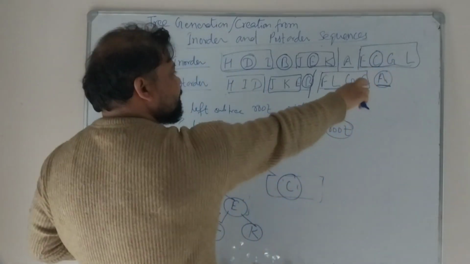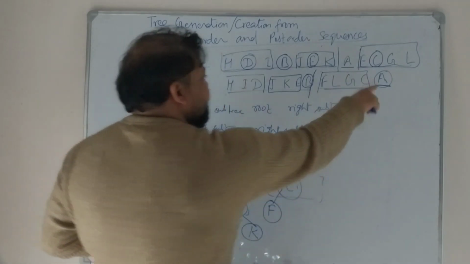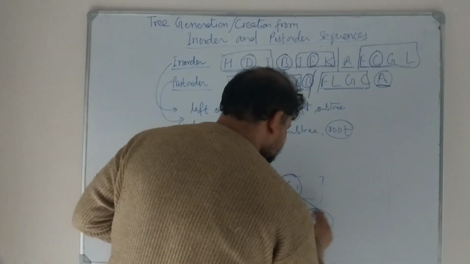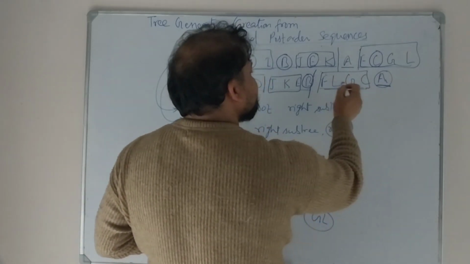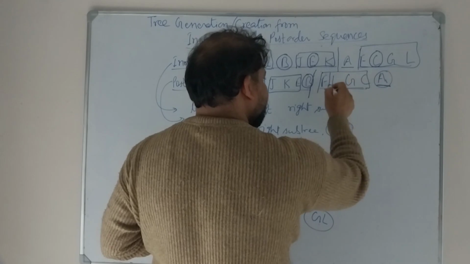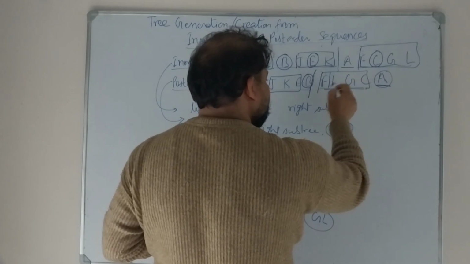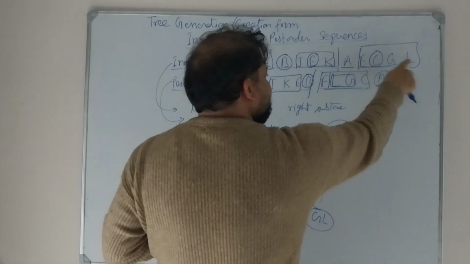F will be on the left side, and the right side is once again G L. So it is split into two parts corresponding to C: one part is F and the other part is L G.